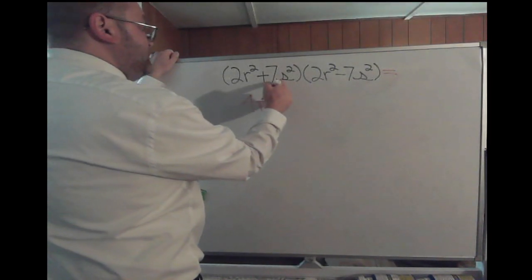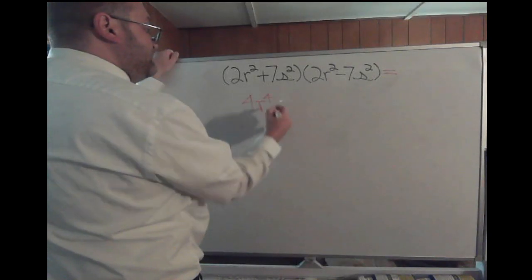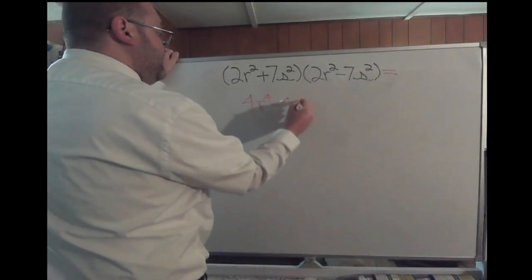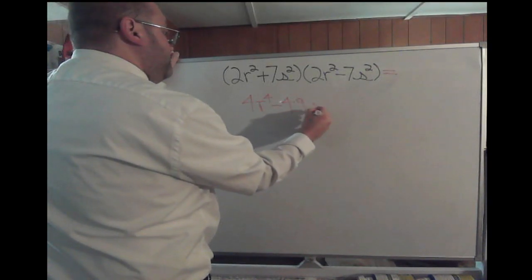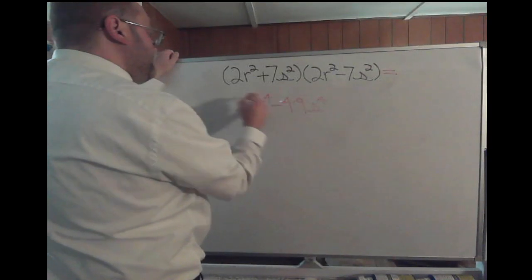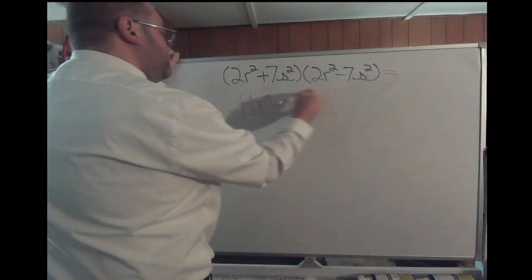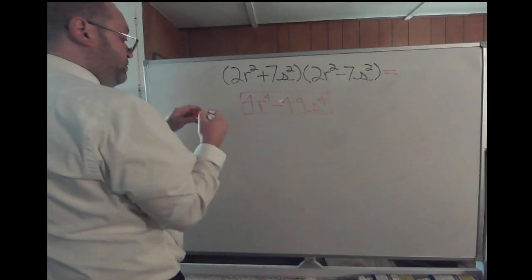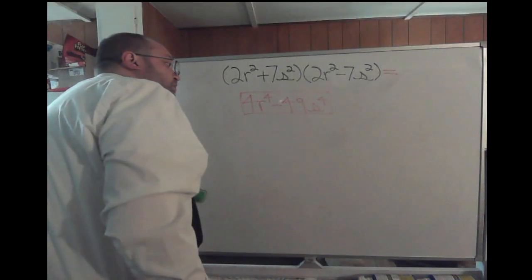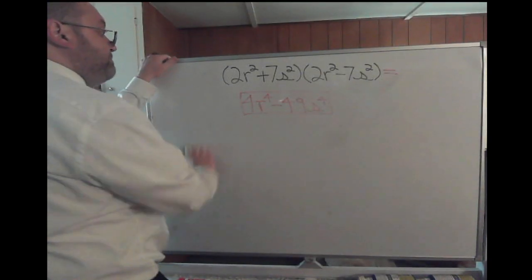Then we have 7s squared times negative 7s squared. That'd be minus 49s to the fourth. So what we should get here is 4r to the fourth minus 49s to the fourth. So much better than foiling, isn't it? So much better than doing all the steps out.